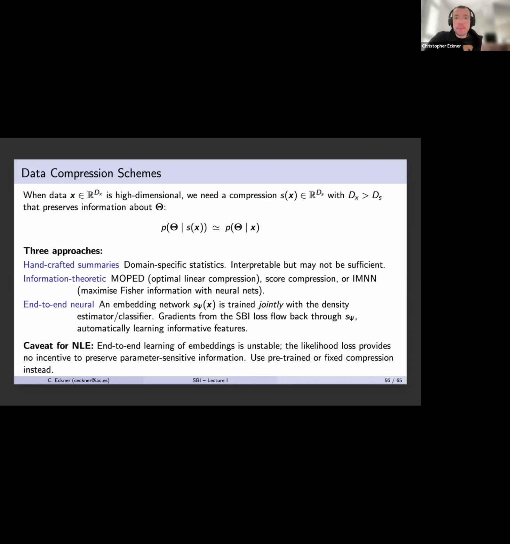Then you can also use something that is more information theoretically motivated, with existing compression schemes that are motivated by information theory, or you do something that is end-to-end neural. So you have a neural network also parameterizing your summary statistic, which you don't care about at all.